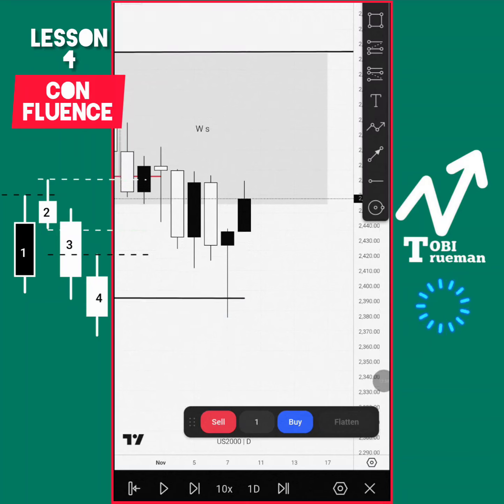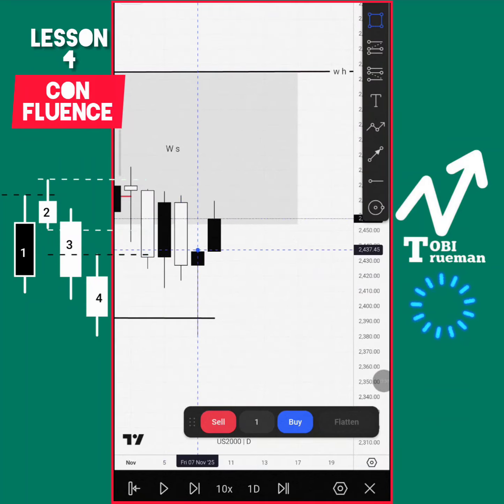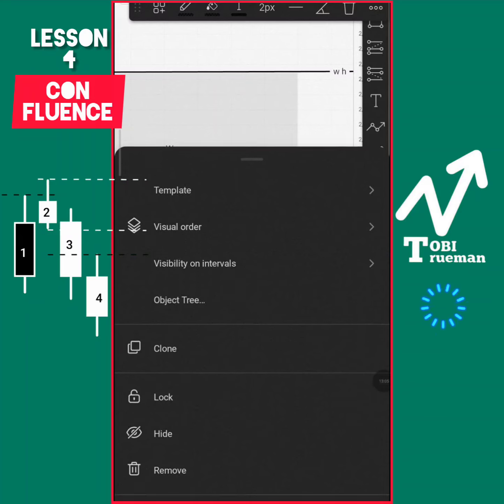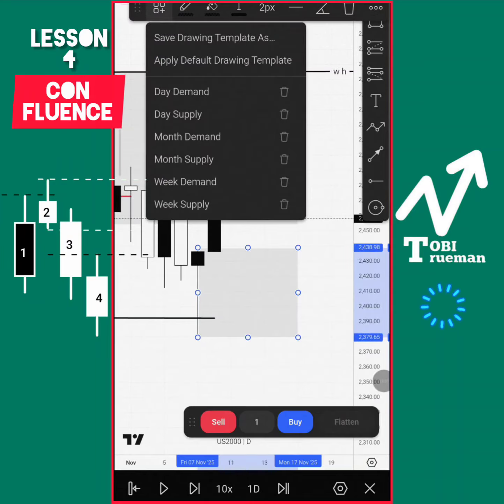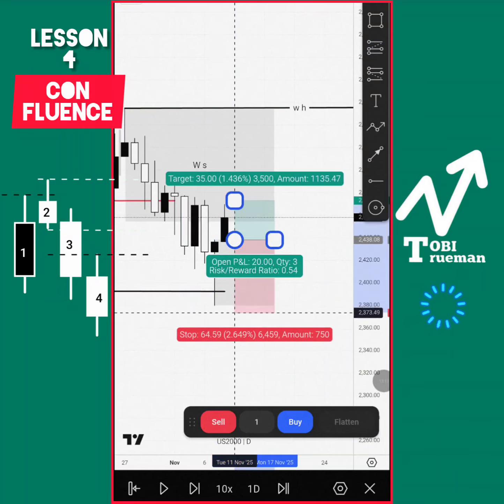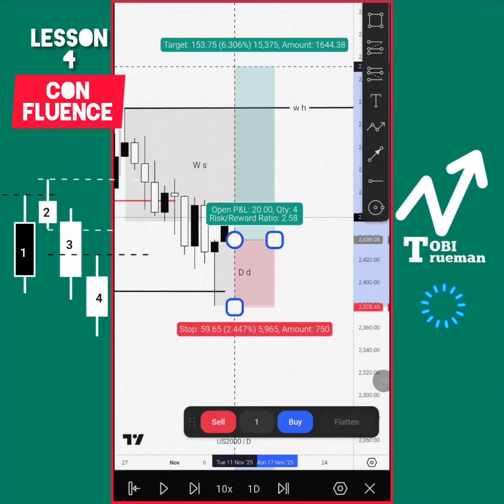So already we can see that this is our demand zone on the daily, because the weekly previous week low has been taken out. So we'll be expecting to buy this trade, aiming from 1 to 3.